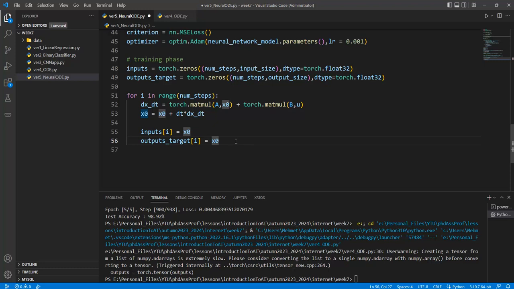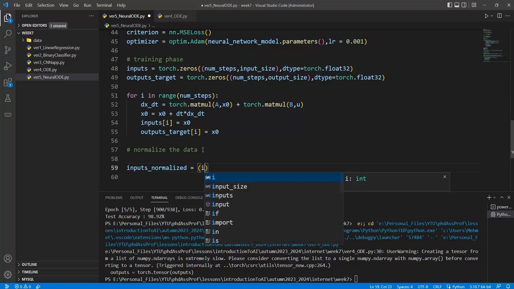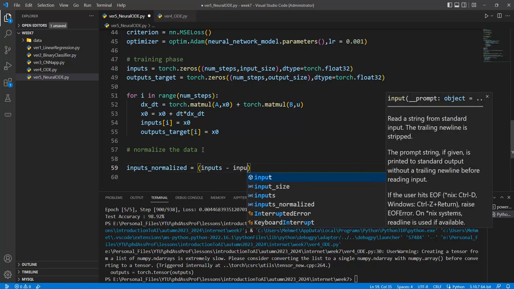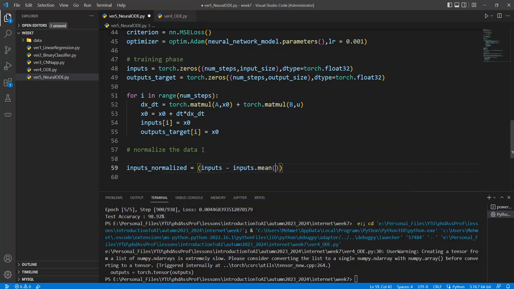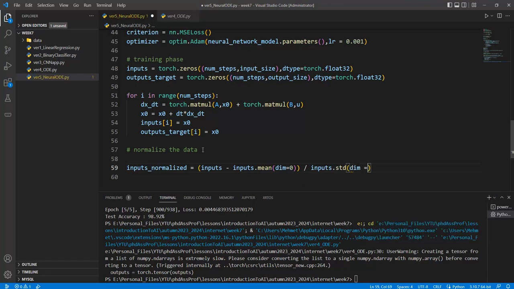After that we need to normalize the data in here. This is the simulation of our data, and the input normalized, the standard data representation, can be given with the inputs minus inputs mean dim 0, and we divide the whole data by the standard deviation, dim 0.